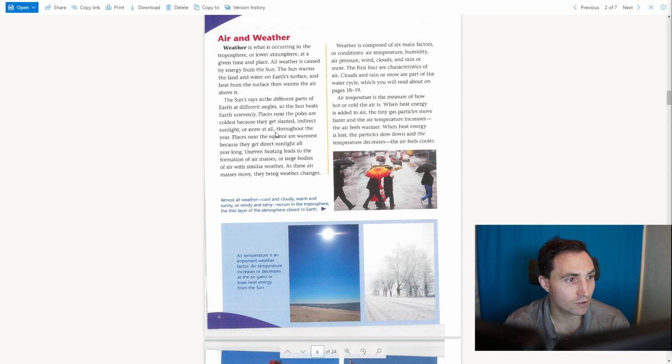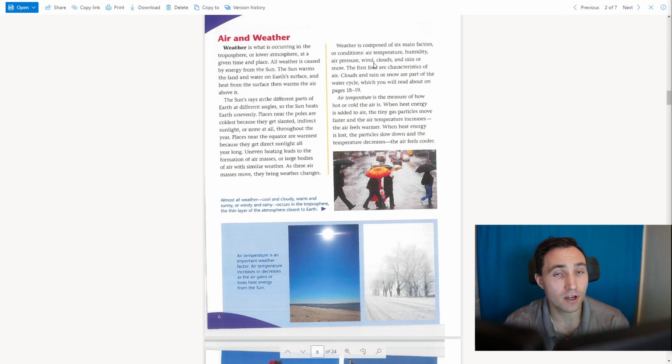Places near the poles are coldest because they get slanted, indirect sunlight, or none at all throughout the year. Places near the equator are warmest because they get direct sunlight all year long. Uneven heating leads to the formation of air masses, or large bodies of air with similar weather. As these air masses move, they bring weather changes.